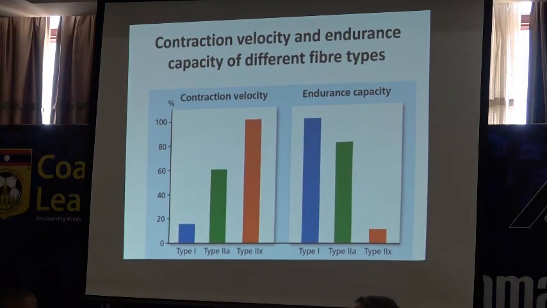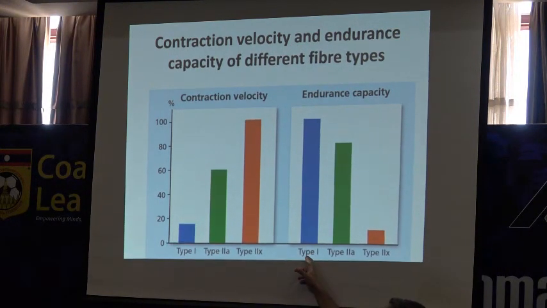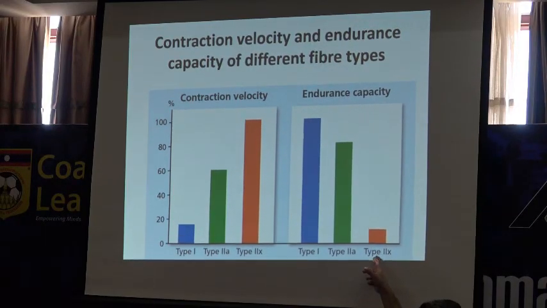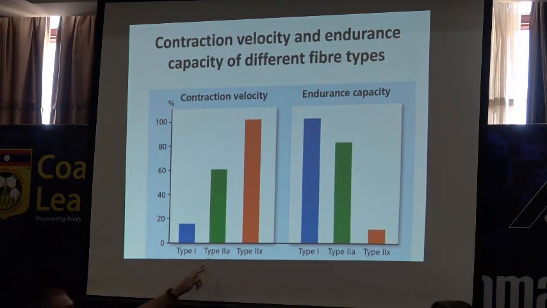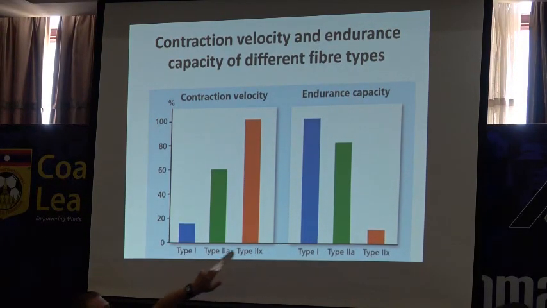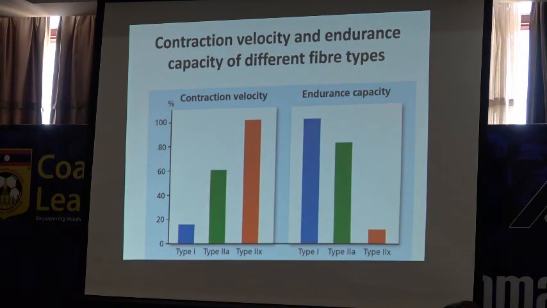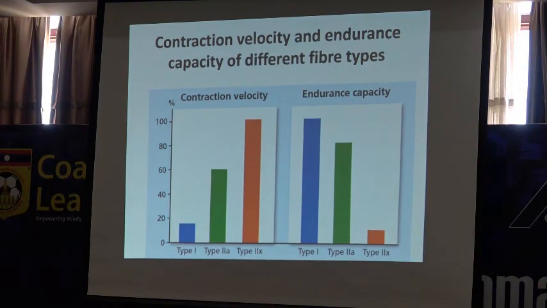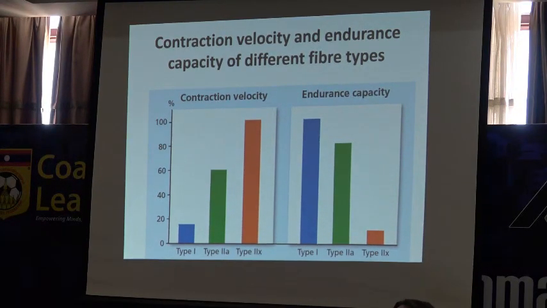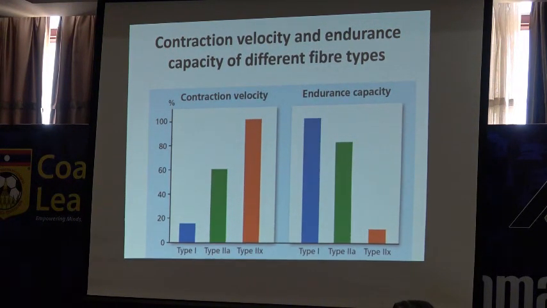But you can do a shift between type 2A and type 2X. You understand this? Now I mentioned the example with the cat, that the cat is jumping, sprinting, and sleeping.